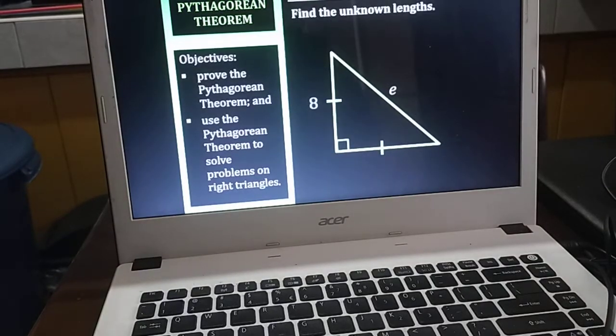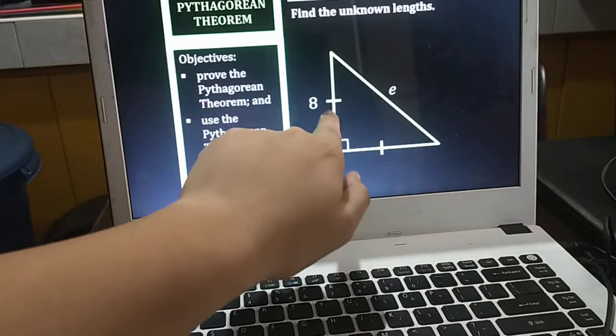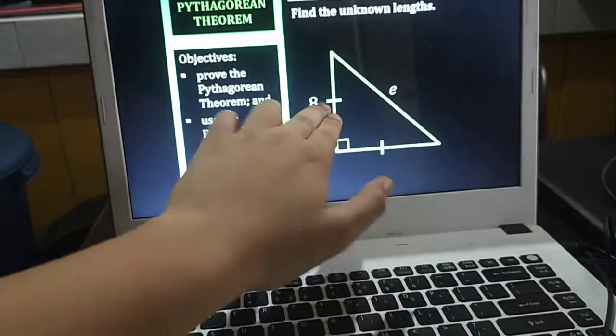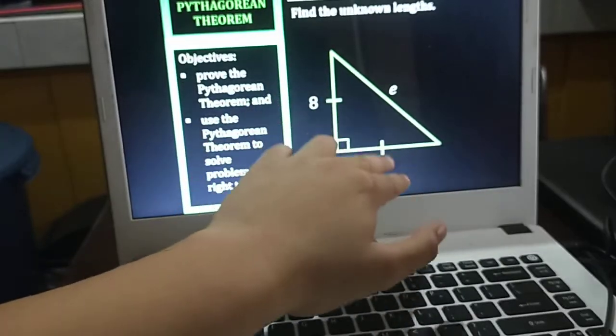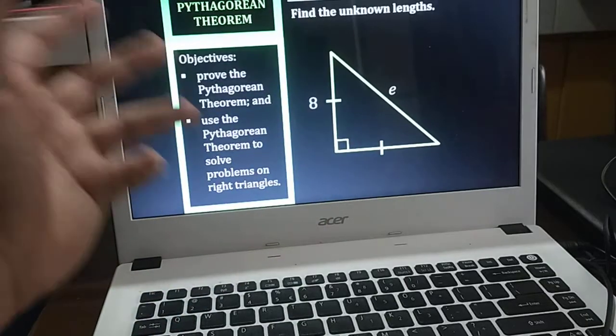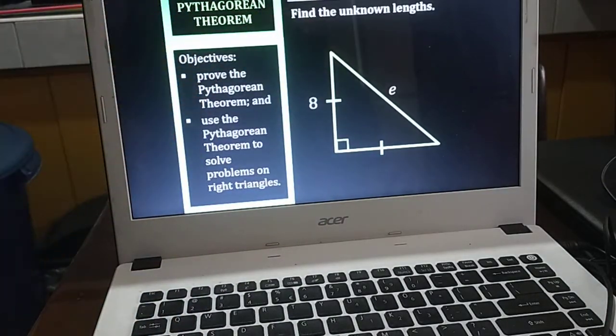So, first example, we have 8. We have this symbol, which means these two legs are congruent. Obviously, if we have two legs that are congruent, it is a 45, 45, 90 right triangle, or an isosceles right triangle, so we can use the theorem.